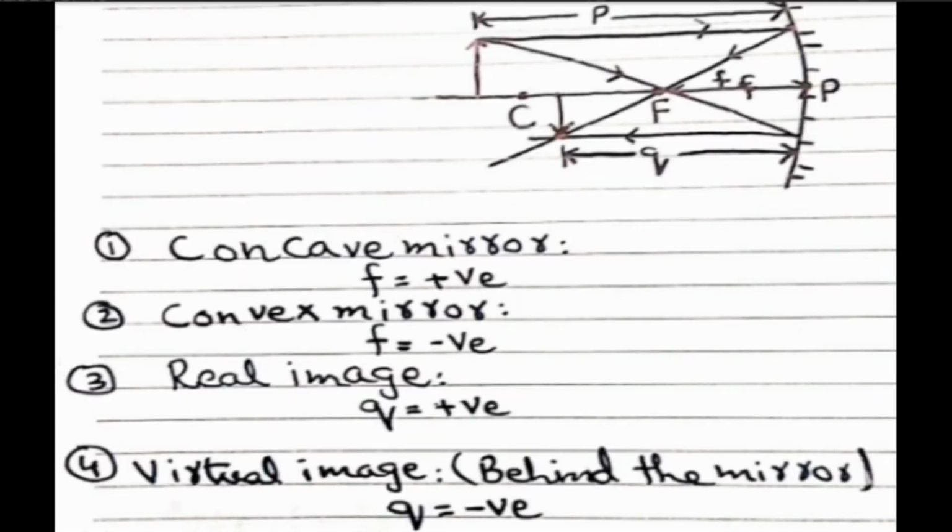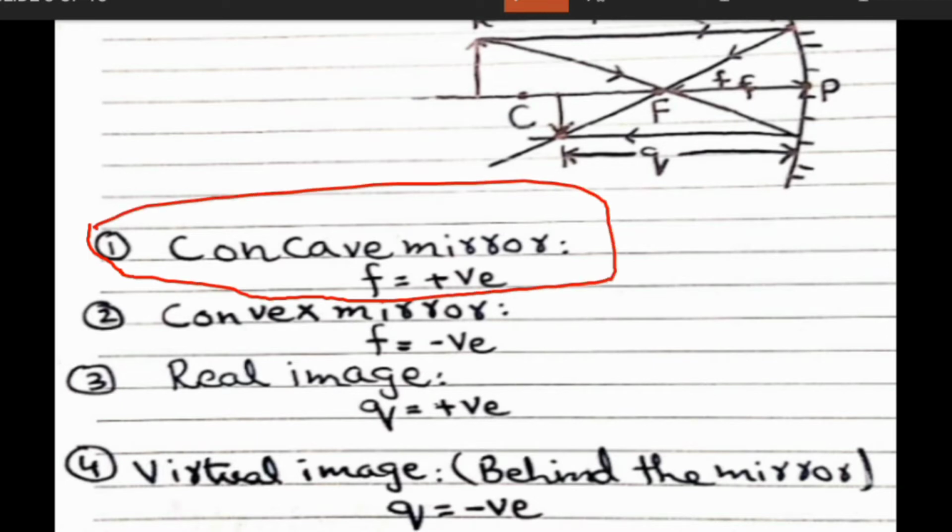Now, a few important things which you have to keep in mind in order to solve the numericals. If a concave mirror is used in the numerical, then in the data you will write the focal length of the concave mirror as positive.